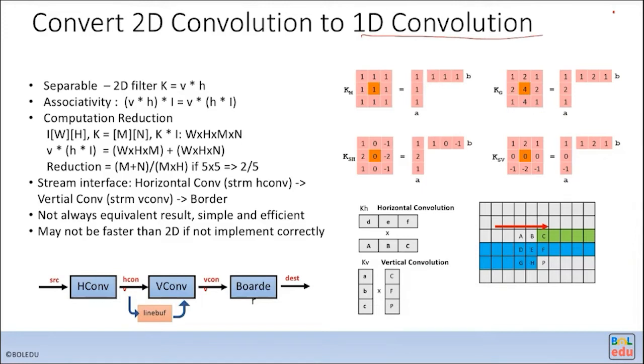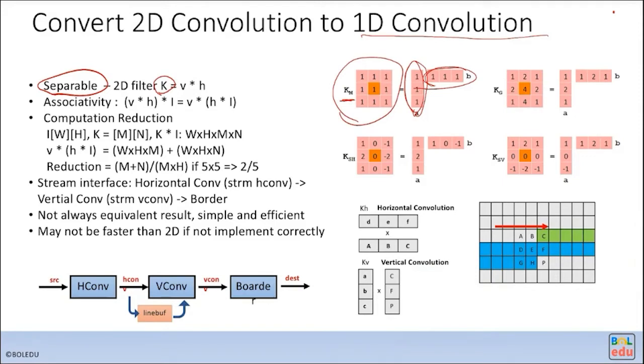If the kernel function is separable, that means the kernel can be decomposed into a vertical vector times a horizontal vector. For example, this median filter can be composed of this vertical vector and this horizontal vector.